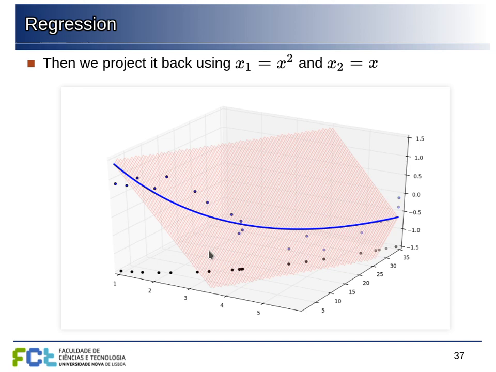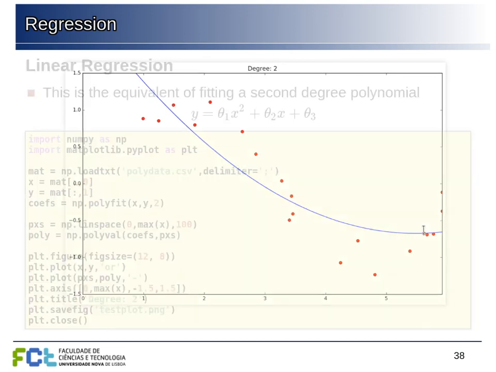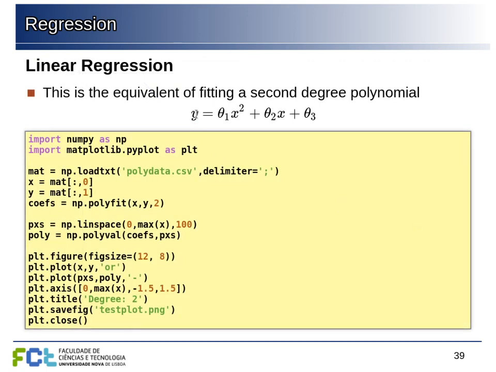So we can now project this back, and this is actually equivalent to this curve here, because what we did was actually fit the polynomial of degree 2 by taking these parameters for that plane in 3 dimensions, but using one feature as just the square of the other. We are actually fitting this polynomial here.